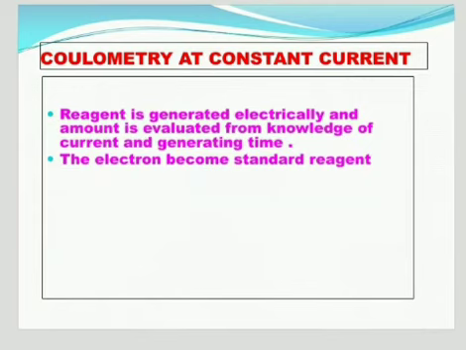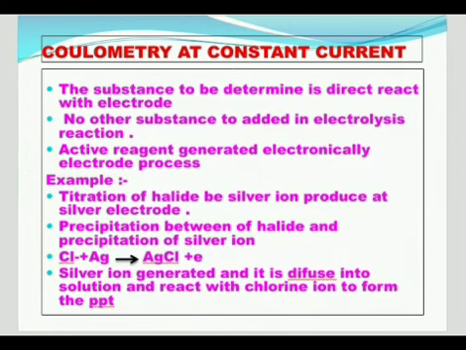In many titrations we use standard reagents like NaOH, whose normality we know, and we determine the normality of other solutions. So NaOH is our standard reagent. Here in colorimetric titrations, the standard reagent is the electrons, which are generated electrically in the electrolysis.